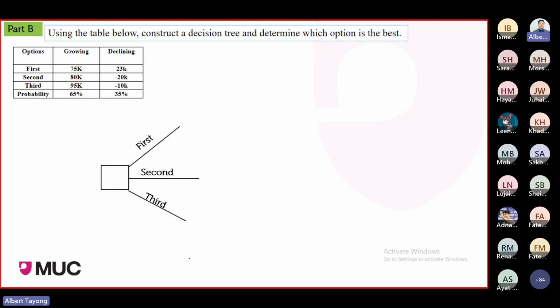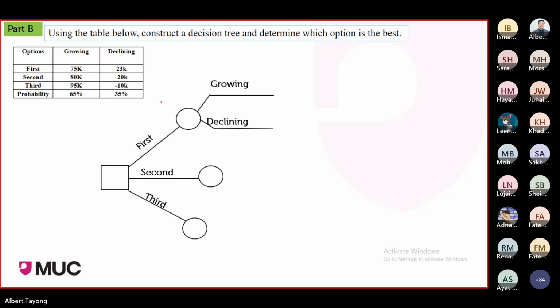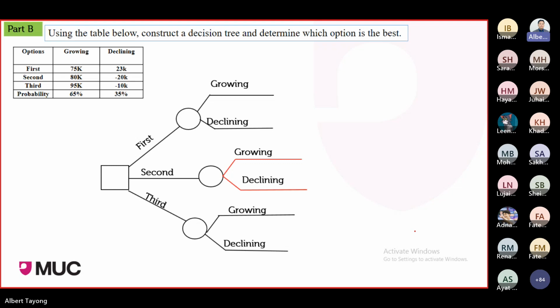So we have first, second, and third. And here we have 3 circles. And growing, declining. We have 2 branches because we have 2 probabilities, 65% and 35%. Right?